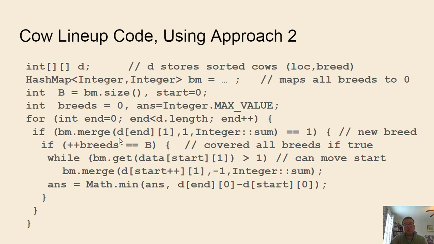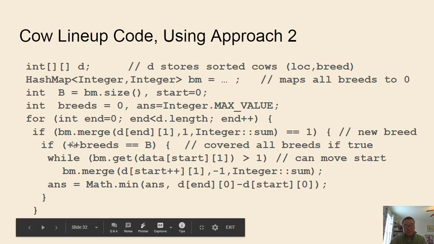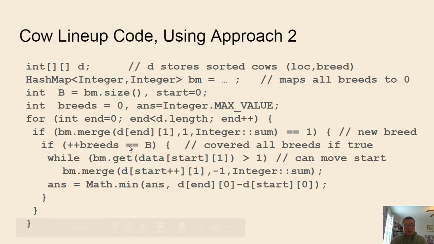It's only when I'm adding a new breed that things become interesting, because then the window will potentially go from bad to good. If I added a new breed, then before adding, definitely the window is not good. So when this happens, I now have a new breed covered. So I increment breed. If it equals B, then that means now I have a good window.